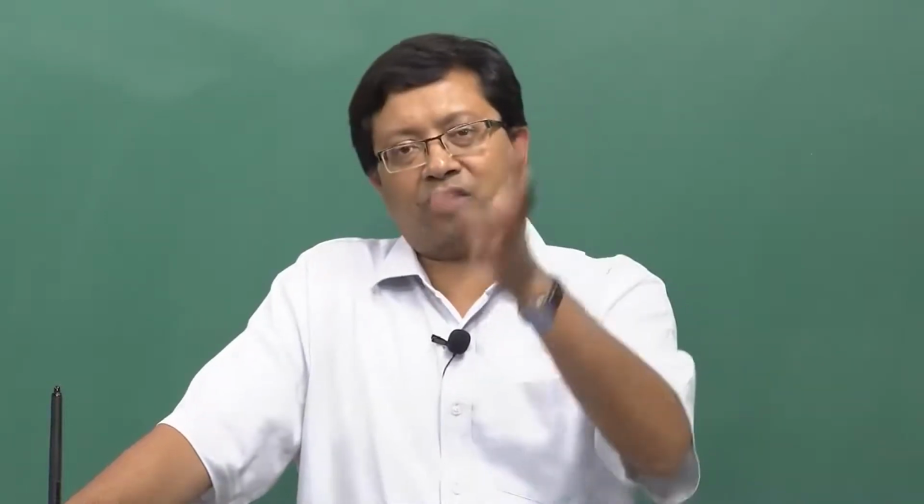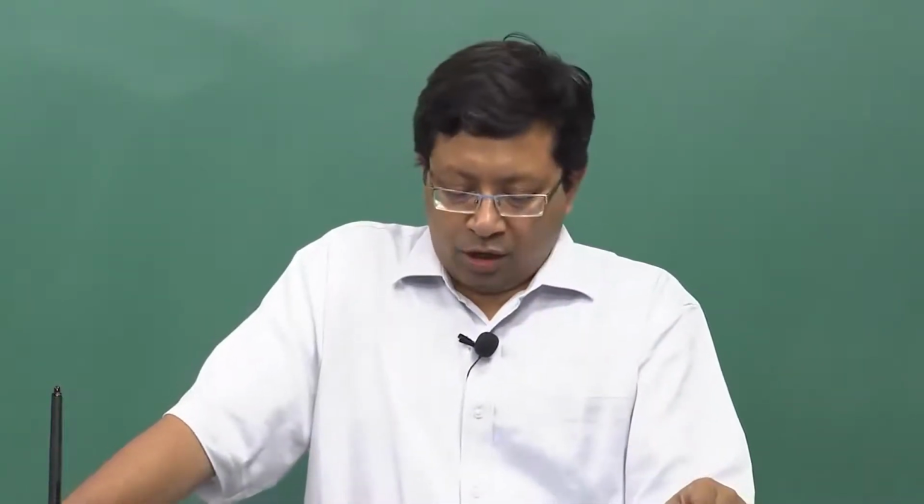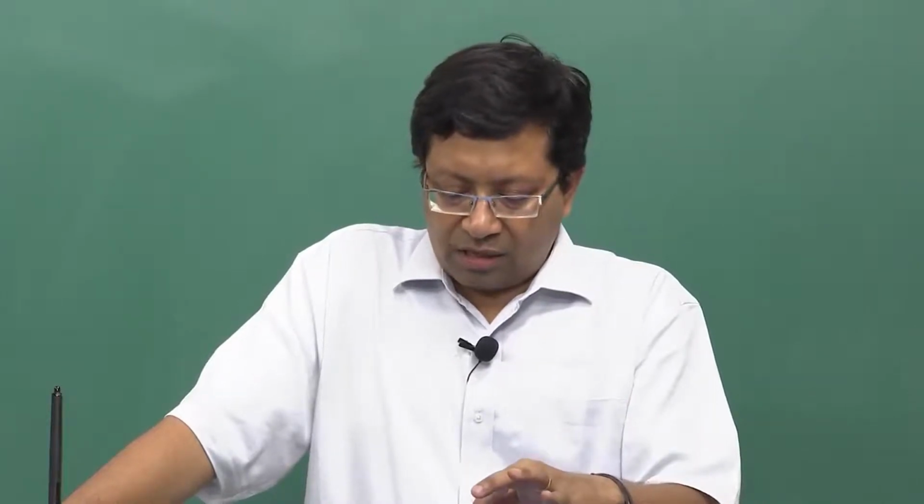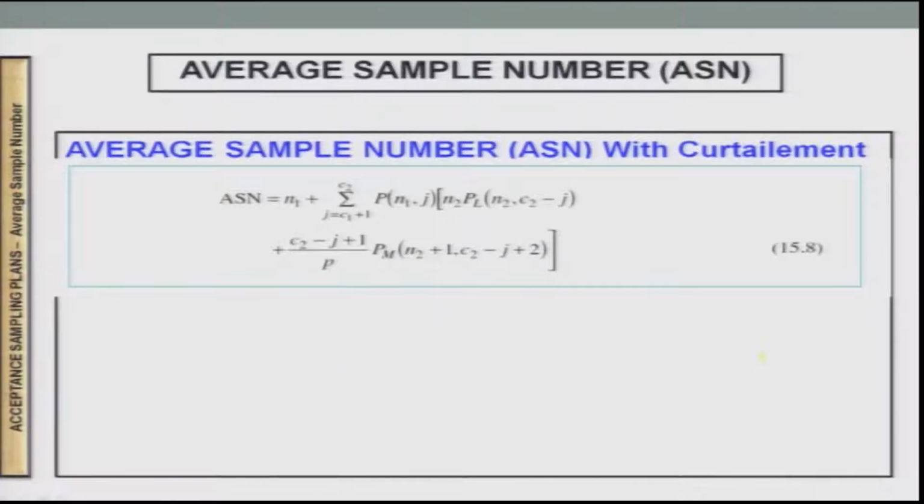What you actually have are the probabilities: given the sample sizes n1 and n2, you proceed, find the probabilities, multiply them with the corresponding sample observations, and do the calculations likewise.